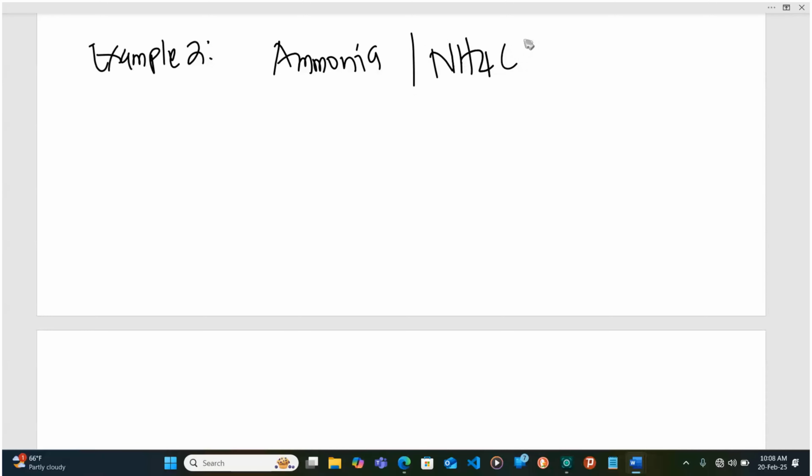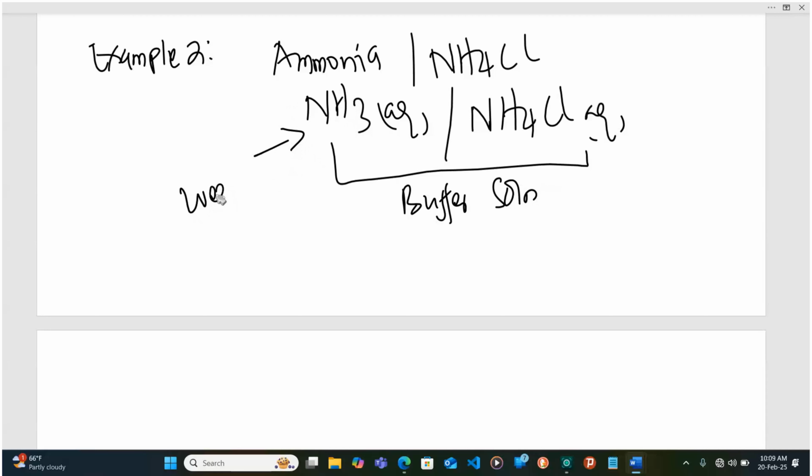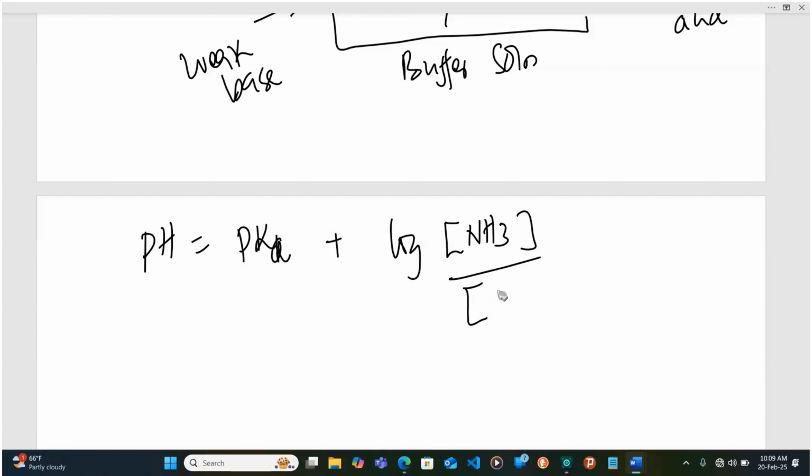Another example: we have ammonia and ammonium chloride. This is an ammonia solution and an ammonium chloride solution. So this is a buffer solution composed of what? This is a weak base and this is a conjugate weak acid. How do we determine the pH here? The pH, we said, is equal to pKa plus the logarithm of the weak base NH3 divided by the concentration of the conjugate weak acid.